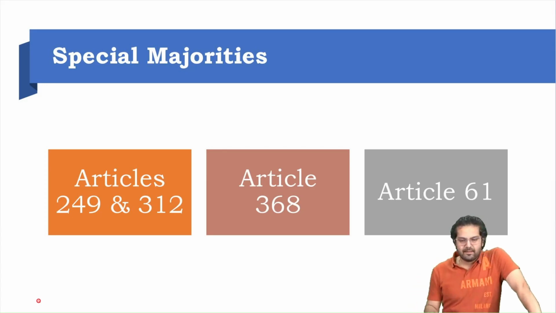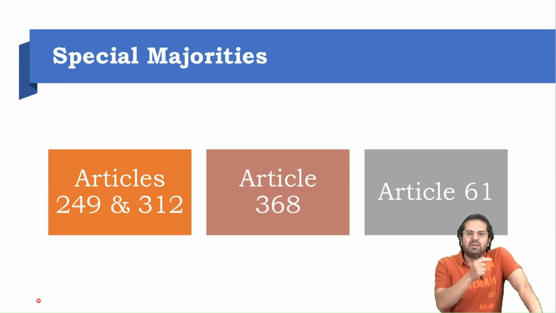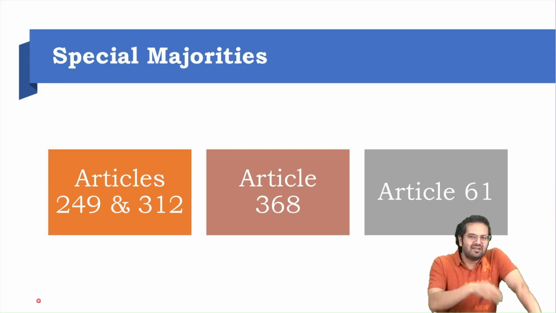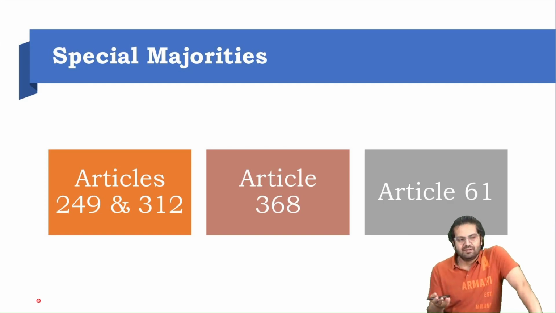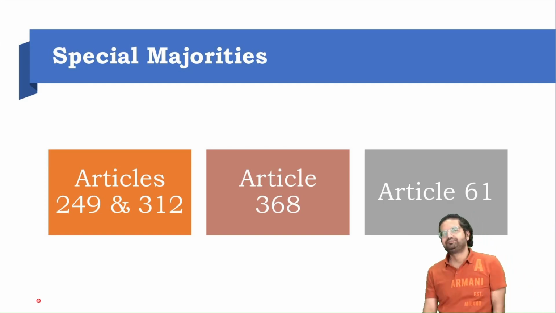But if I have to ask, how was the class of polity yesterday? The logical thing would be to take only those people's opinion who took the class yesterday. Yes or no? So we may have to use different types of majorities for different kinds of things. Clear? Okay.